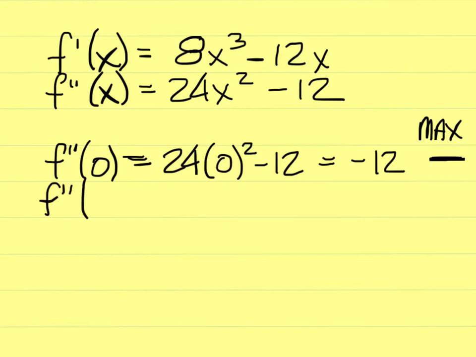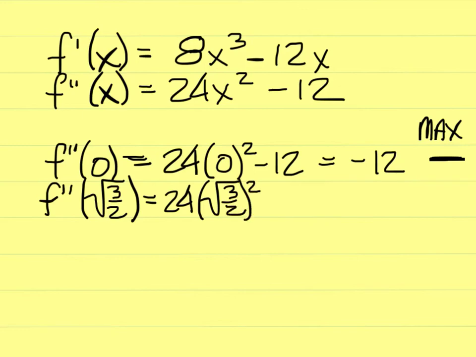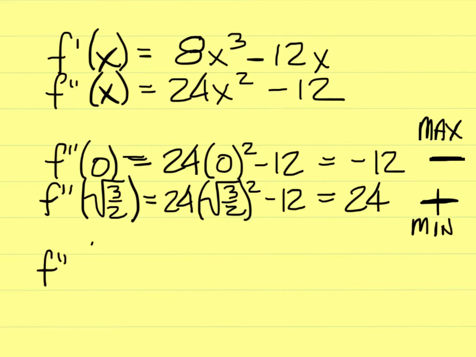Okay, so let's evaluate the second derivative for the square root of 3/2. So that's 24 times the square root of 3/2, square that quantity and then subtract 12. So I'll come back with 24. There's a positive. That means the point should be what? A minimum. So we have another one to go through.